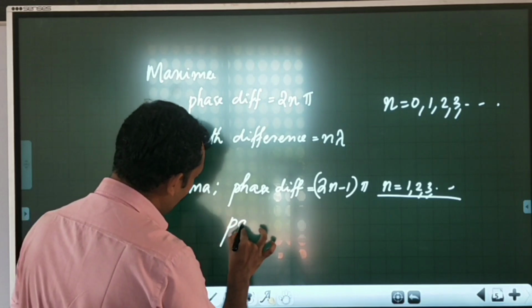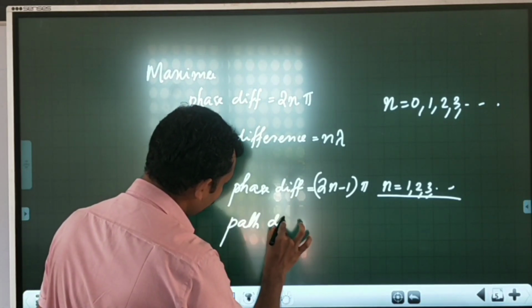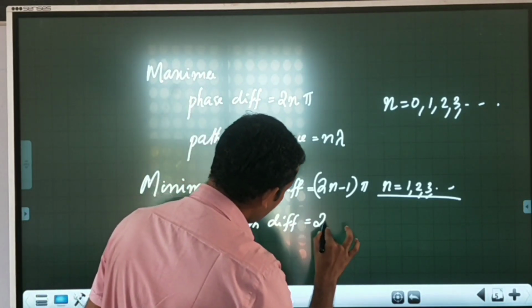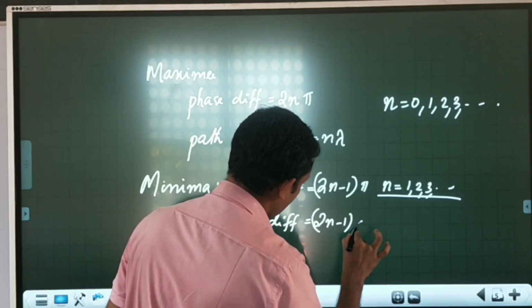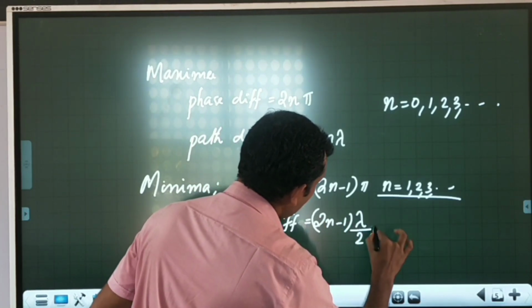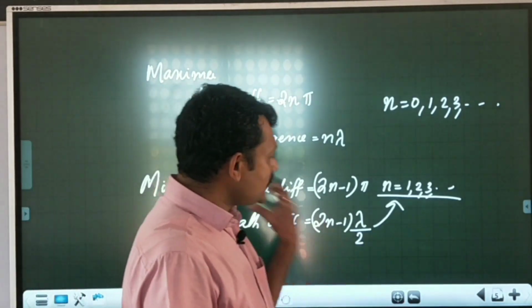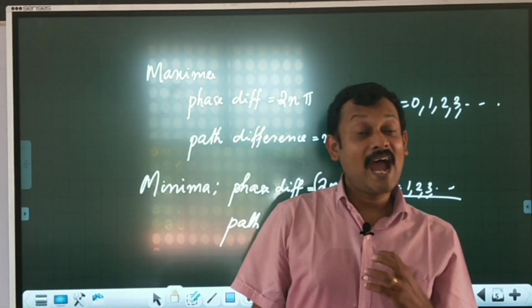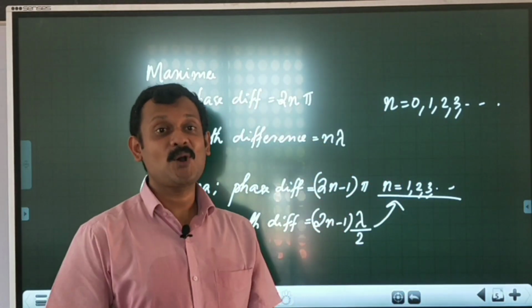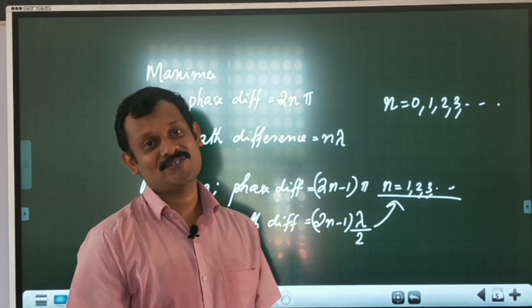Correspondingly, path difference is equal to (2n minus 1) lambda by 2. Again, n satisfies this condition. This is the idea regarding the addition of what are called coherent waves.